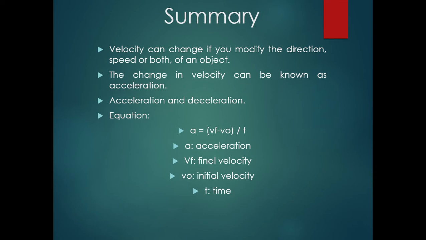Since this is PowerPoint, it's very difficult to get the appropriate symbols for each one of them. So it's better if you go to the online platform and double check the symbols. I'm talking specifically about the final velocity and initial velocity, because certainly letters f and o will be way smaller than letter V in there. So please go and double check them in the online platform so you can take it into account.